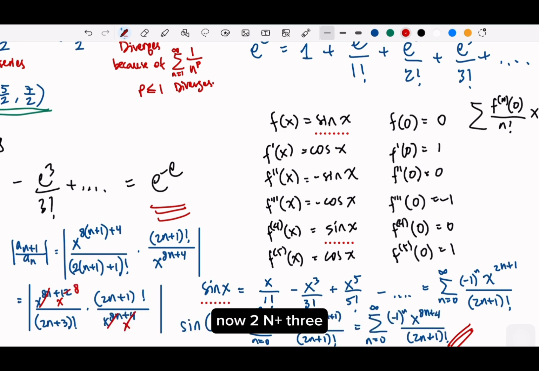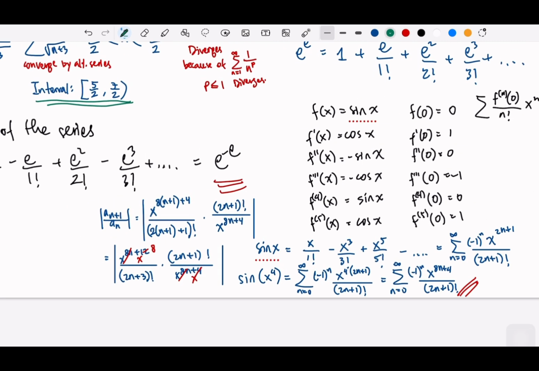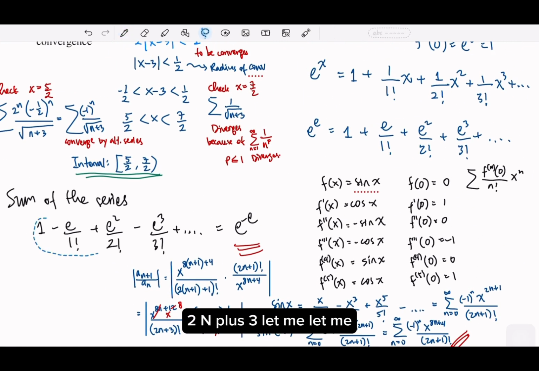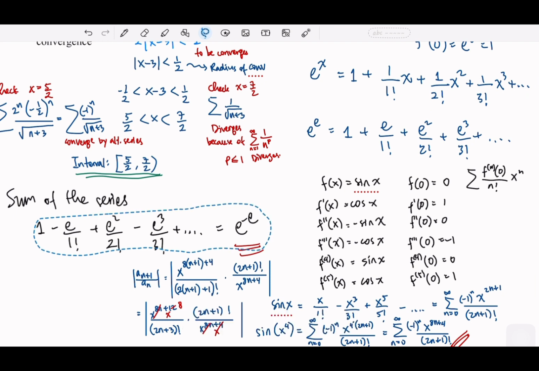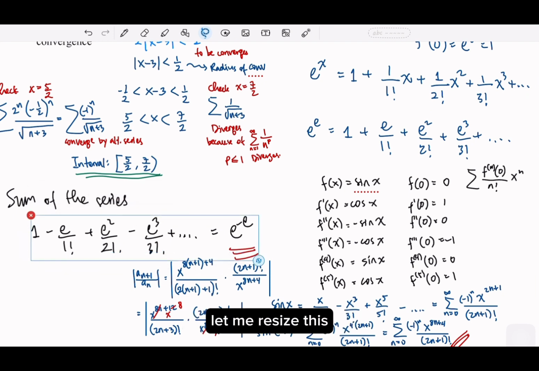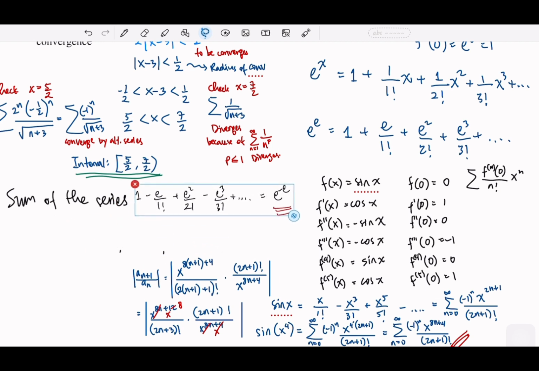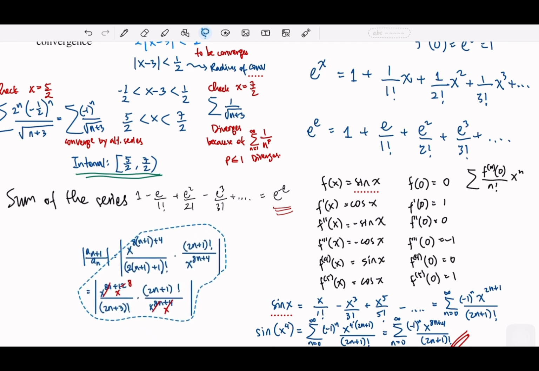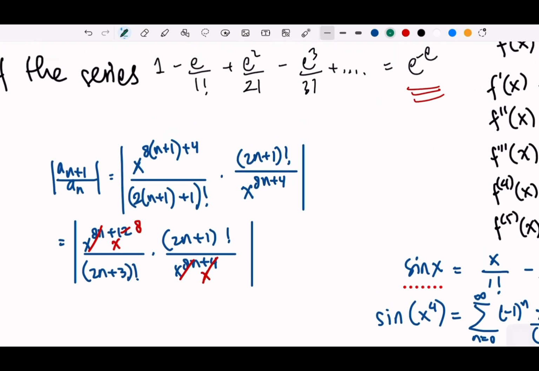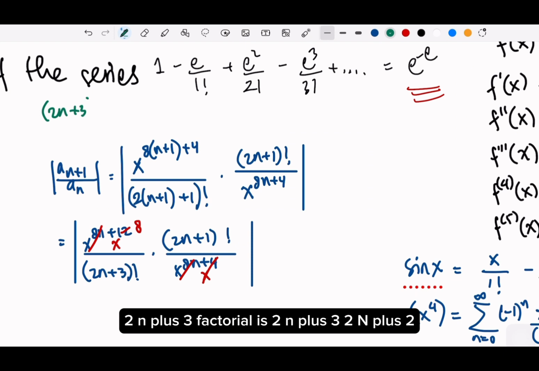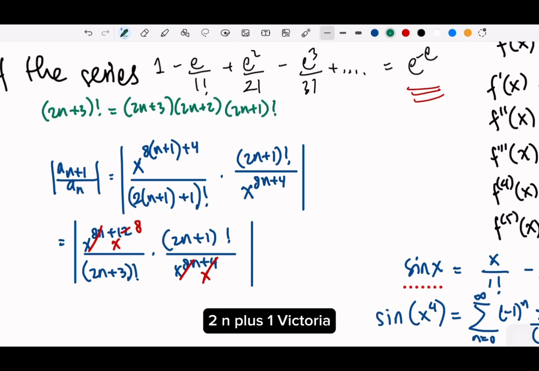Now 2n plus 3 factorial is 2n plus 3, 2n plus 2, times 2n plus 1 factorial.